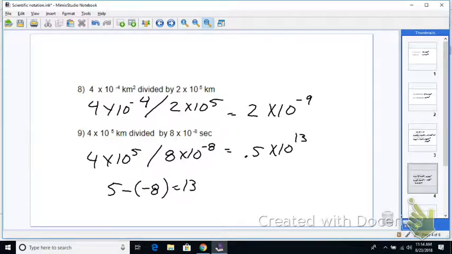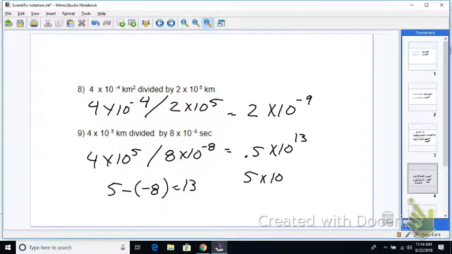Go ahead and tell me what the exponent would be when I change it so that I have one digit to the left. Unless you've already done that. So we move it, it becomes 5 times 10.